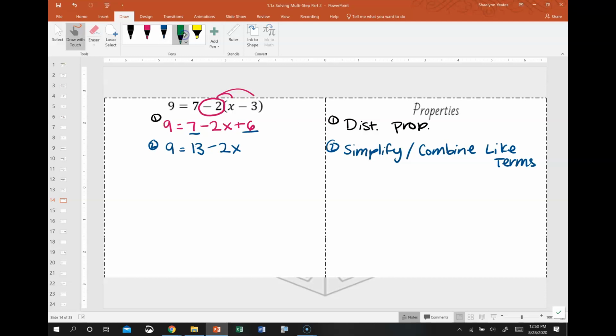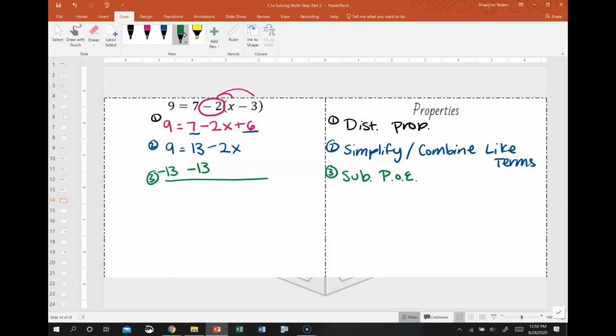Okay? Alright, then my third step, I'm just going to subtract 13 from both sides. So my third step, we use the idea that because I can subtract, and it remains the same, we use the subtraction property of equality.